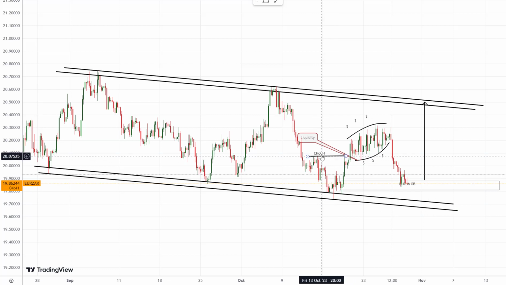Second, price breached our minor swing high, meaning that bulls are now entering and dominating, because wherever there's a switch from formation of lower lows and lower highs to formation of higher highs and higher lows, it means there's a change in trend.